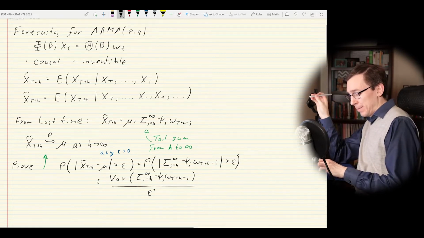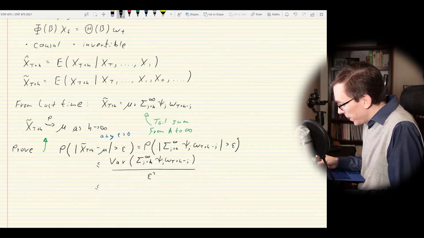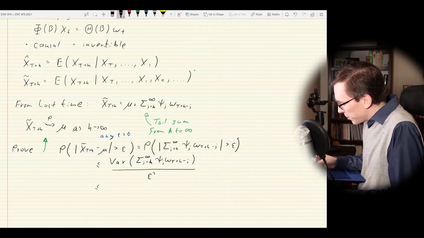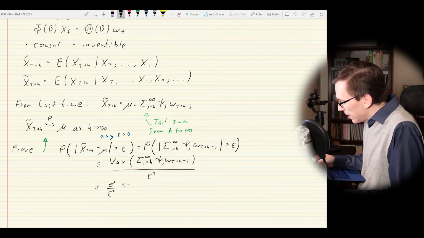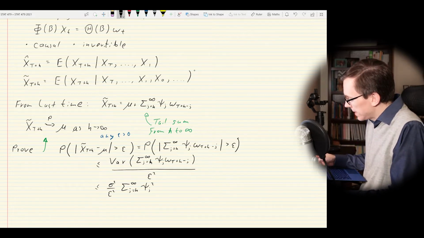The numerator is the variance of a sum of white noise terms. So we get sigma squared over epsilon squared in the denominator, times the sum j from h to infinity of psi j squared.